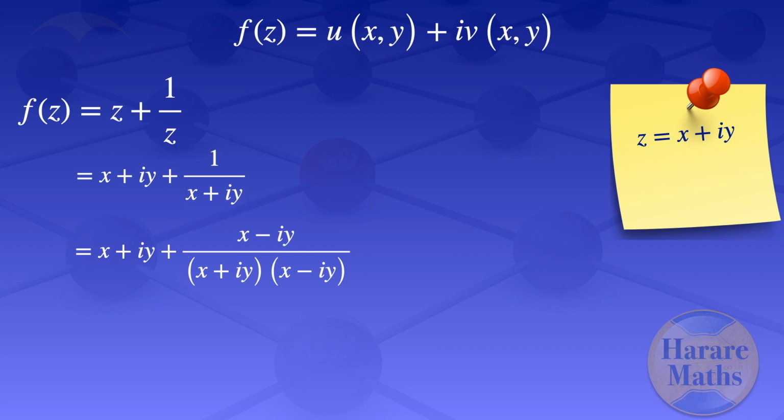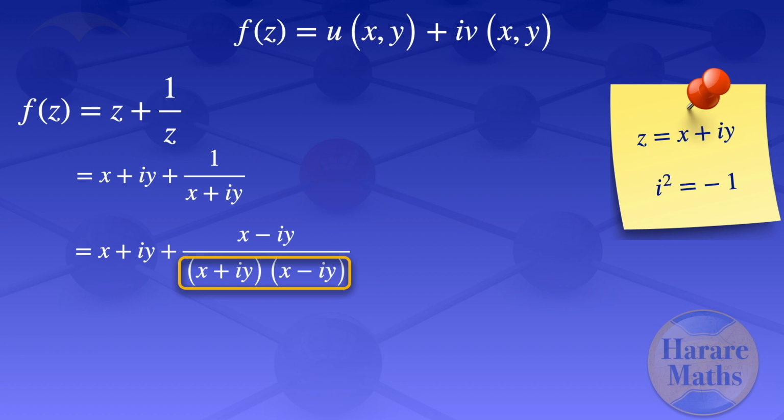Now let's look at this part. When you multiply, x times x gives x squared. Then x times -iy plus x times iy gives us 0. Then we have iy times -iy. We know that i squared gives -1 because i is the square root of -1.